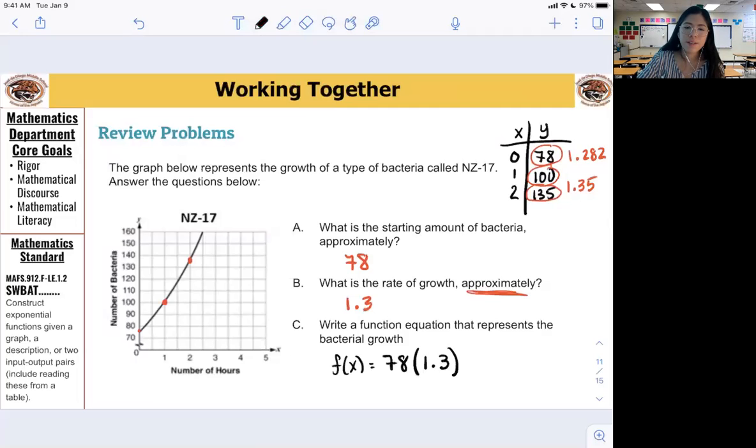And where's the x? Then put x as the exponent. As the exponent. Good. That's it.